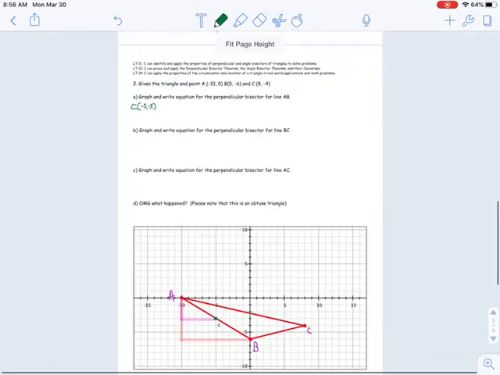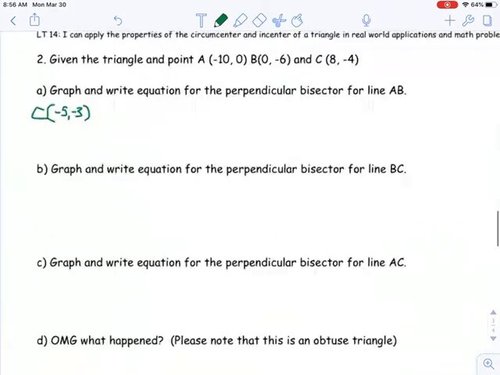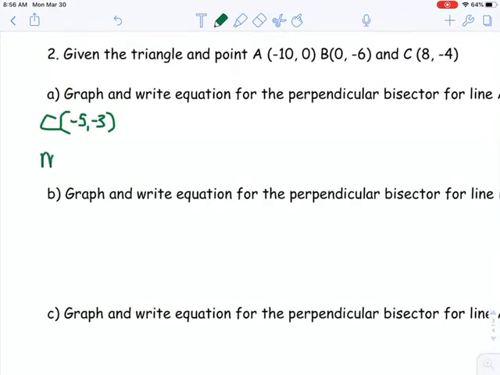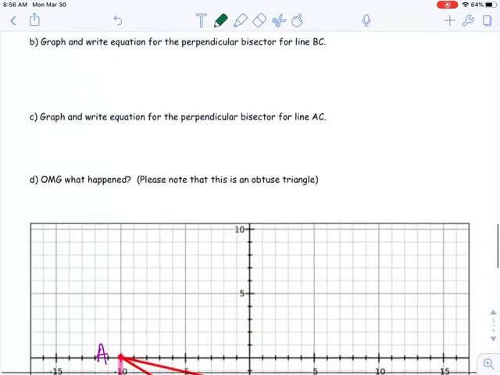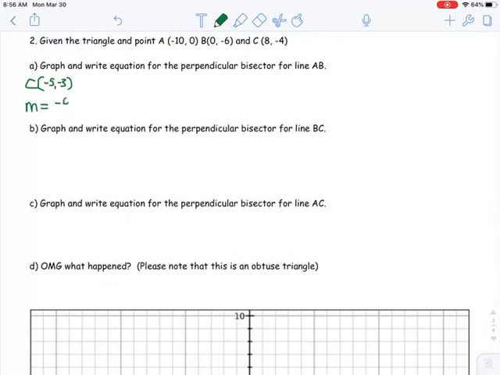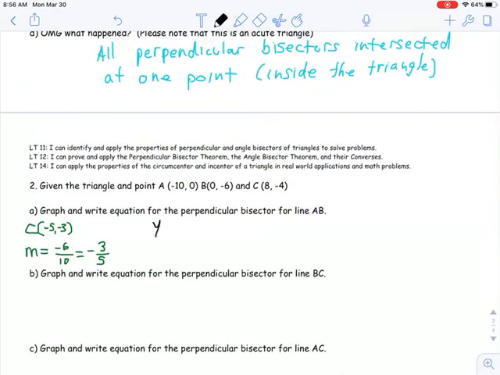Alright, and then what is the slope of AB? Well, we already kind of figured that out. The slope of AB we said was down 6, right 10, so negative 3/5. Alright, and then we got our good friend point slope form.